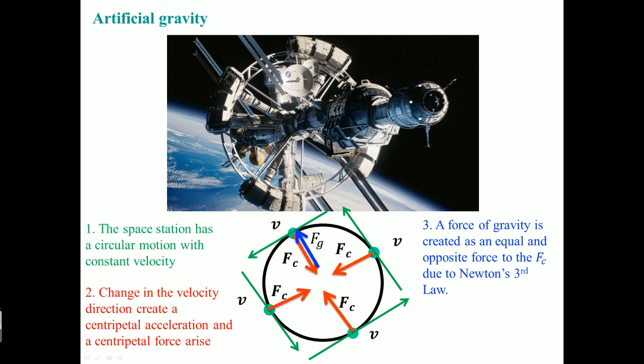The gravity came from the space station rotating, creating a centripetal acceleration. Then, as a result, due to Newton's third law, gravity is now created. This is how you make gravity in space. All right, there you go. That is everything that you need to know in regards to centripetal force with the normal force in it.